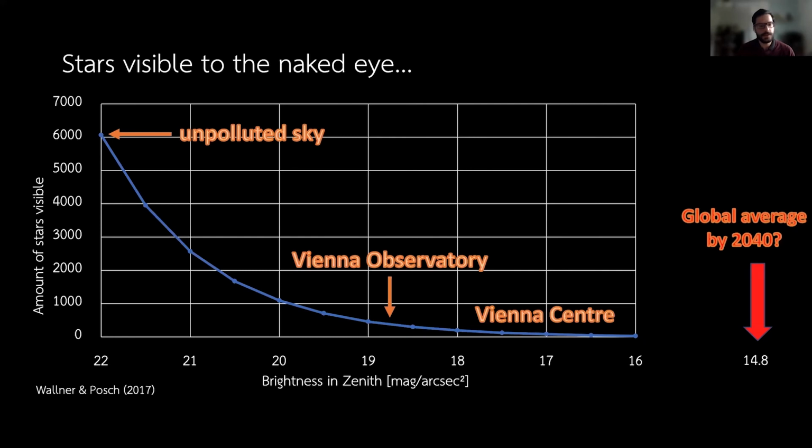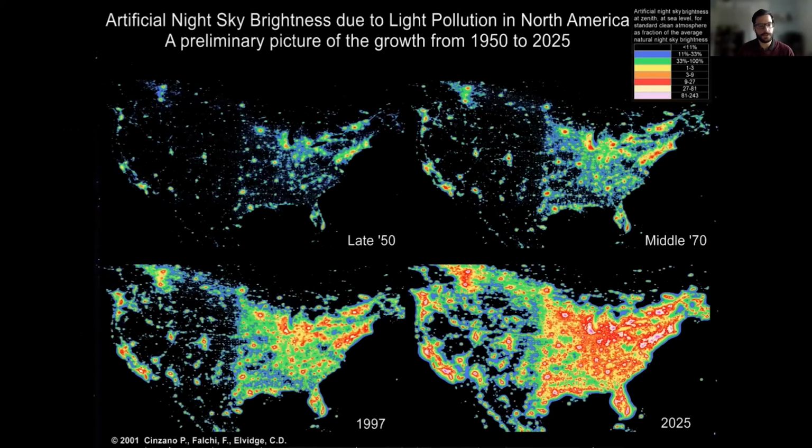You can see here, for example, what happened to North America between the late 1950s and the simulation which shows how North America will look in 4 years, in 2025. Compared to the late 1950s, on the eastern half of North America you only had individual places which were affected by light pollution.